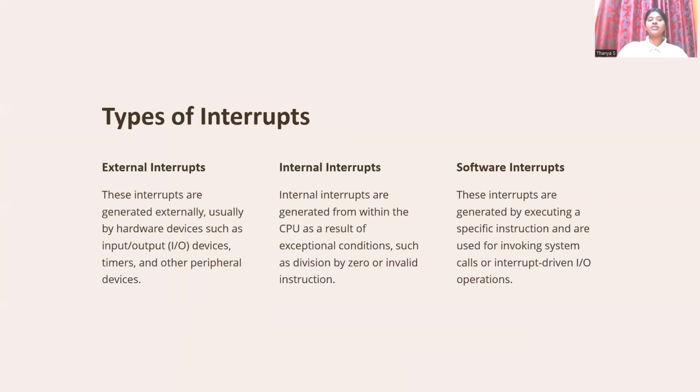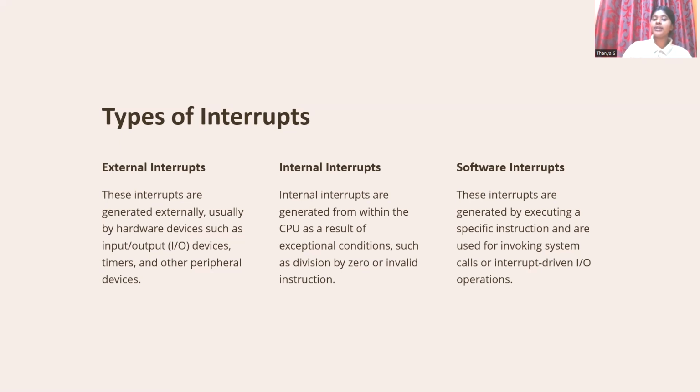Next is types of interrupts. There are three types of interrupts: external, internal, and software interrupts. External interrupts are generated externally, usually by hardware devices such as input-output devices, timers, and other peripheral devices.